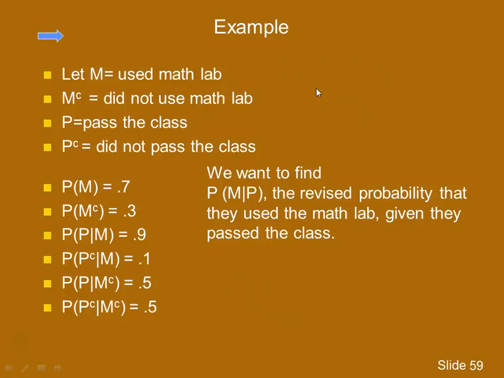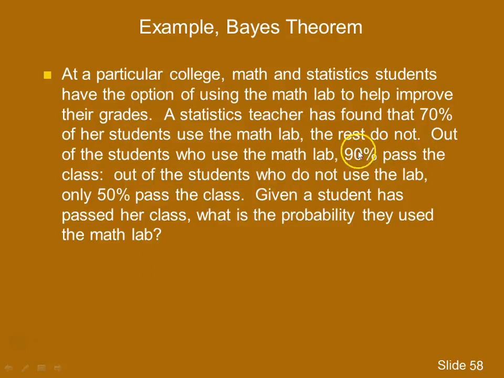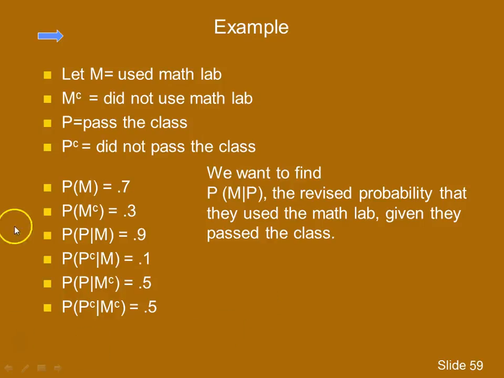M complement did not use it. P has passed the course. P complement did not pass it. And now we start to write down all the known probabilities. If you go back to the problem here, 70% of the students use the math lab and the rest don't. So that's just the probability of M and M complement, 0.7 and 0.3.